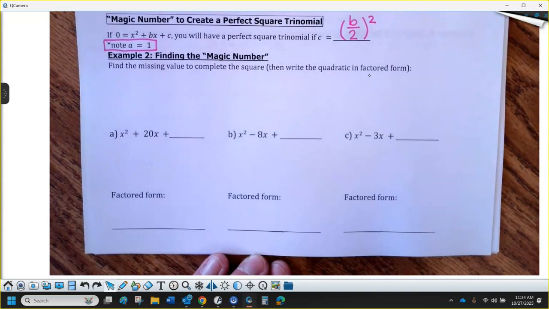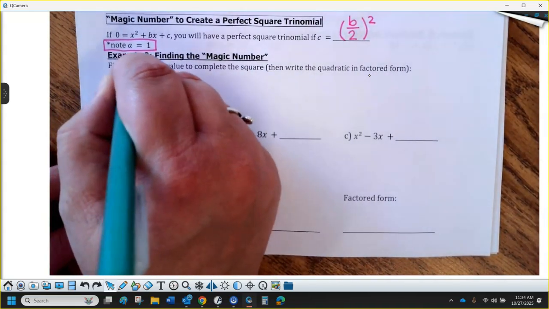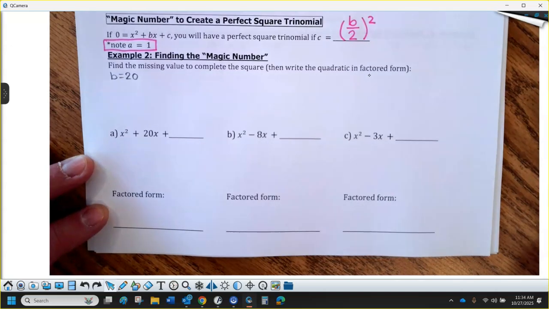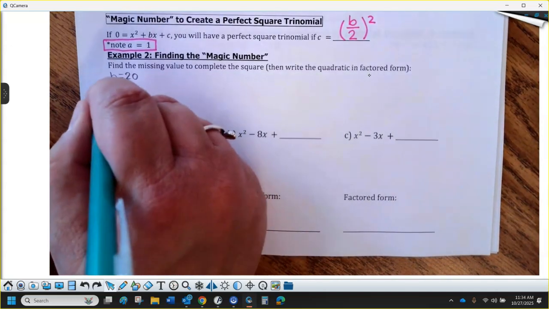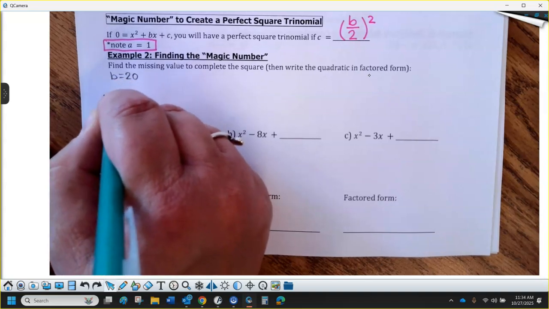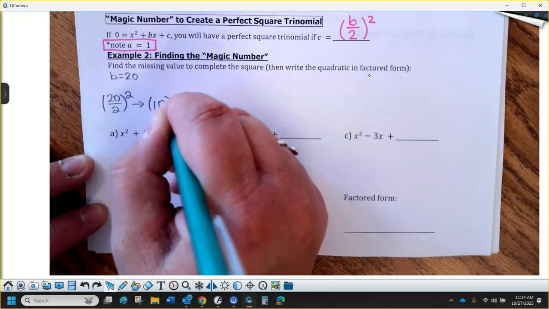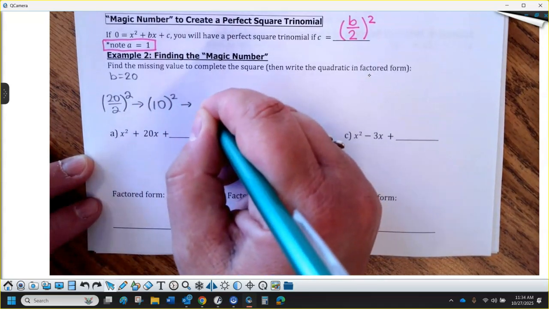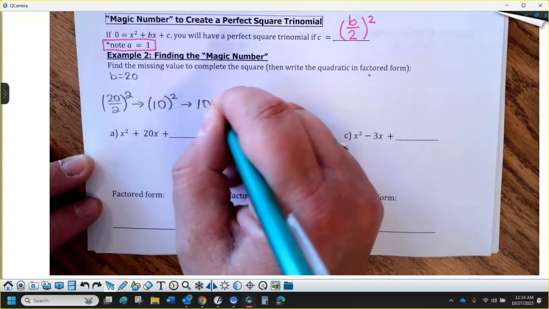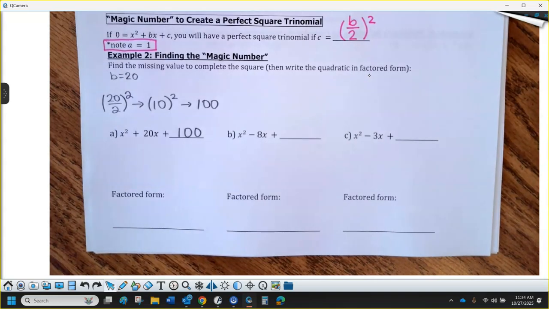So we're going to fill this in real quick. I just need the b value, which is the number in front of x. For this question, it would be 20. All you're going to do is take 20, divide that by 2 and square it. So this would be 10 squared, which would be what? 100. Okay, now 100 is the number I would fill in that little blank with.